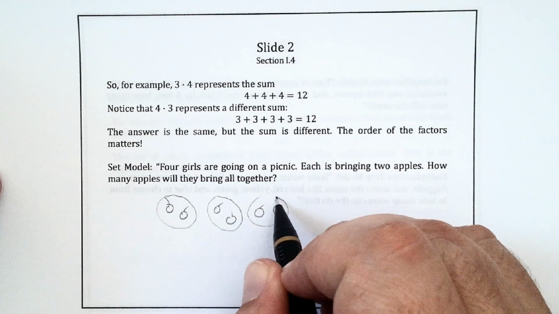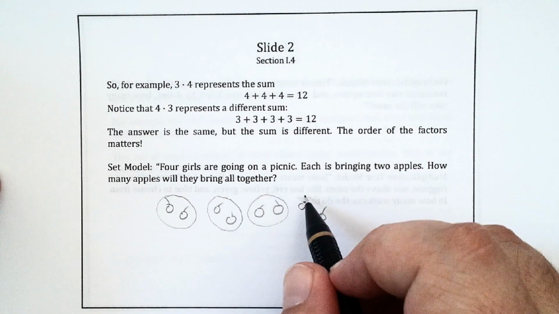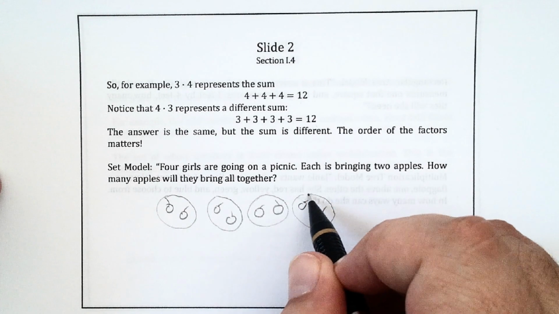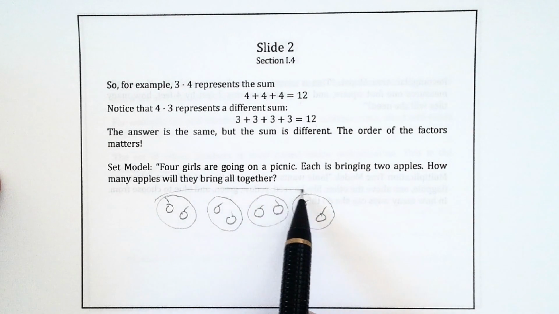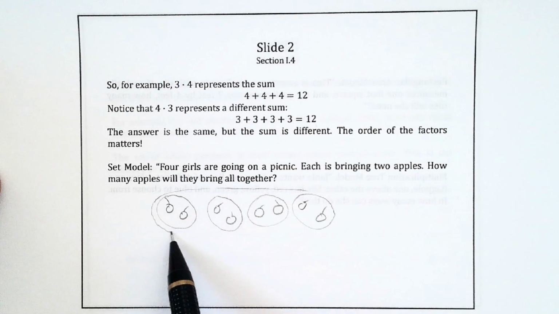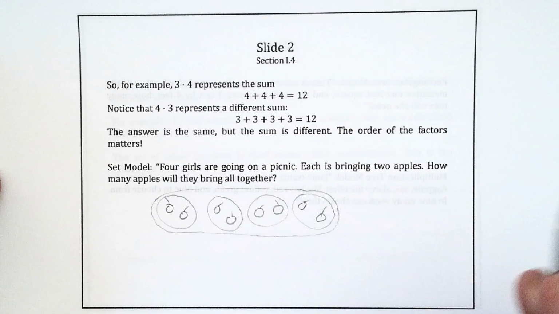Notice that it's 4 groups of 2, which means it's 4 twos, which means we're representing 4 times 2.